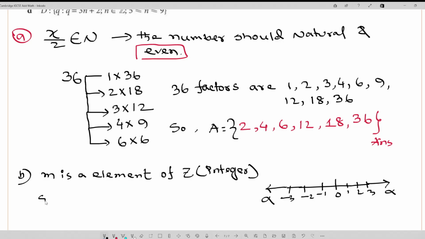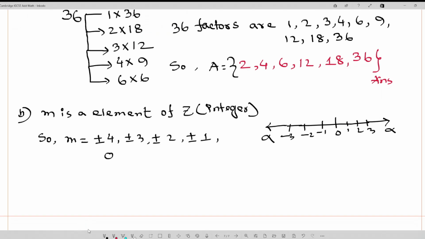So m equals ±4, ±3, ±2, ±1, then 0, okay? Why like this? Because look, since ±5 squared equals 25, which exceeds 20, right?